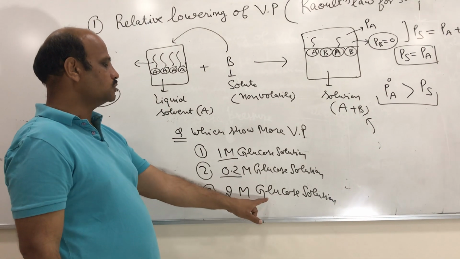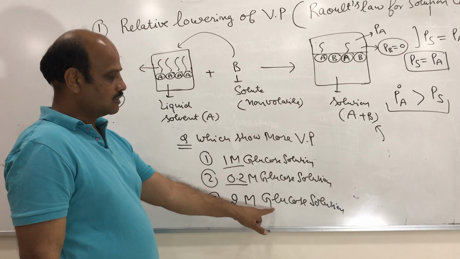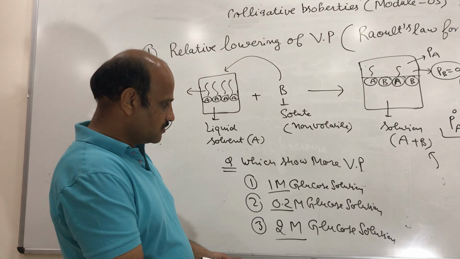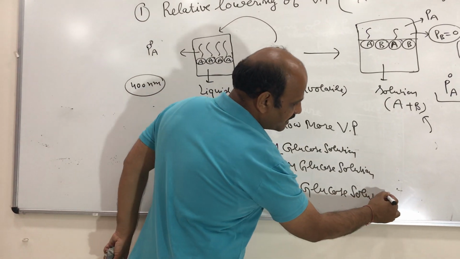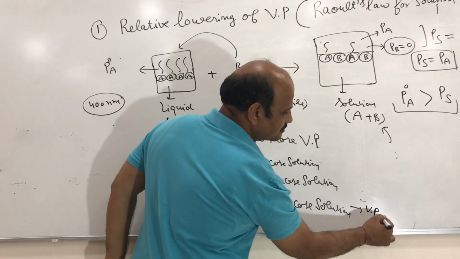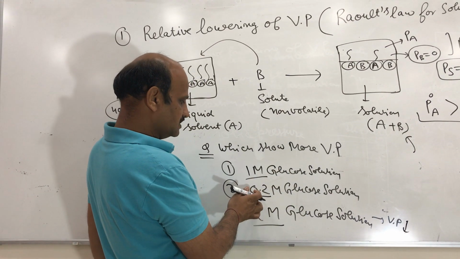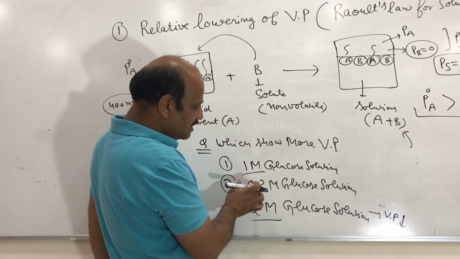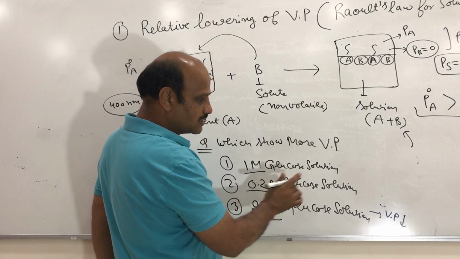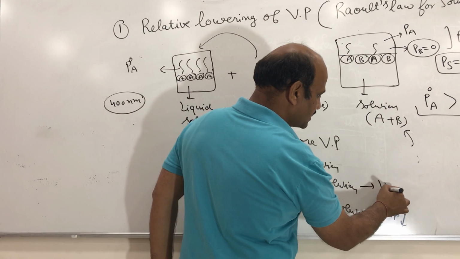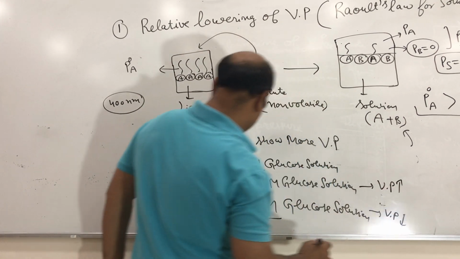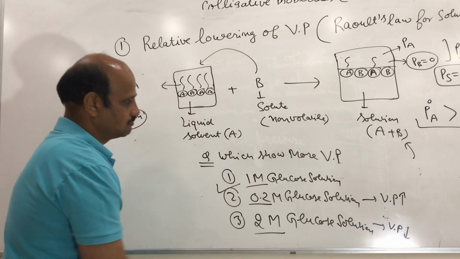Here non-volatile solute is more, here least. We can say here vapor pressure is least, and here, quantity is less of non-volatile solute, so vapor pressure is more. So right answer is this one.